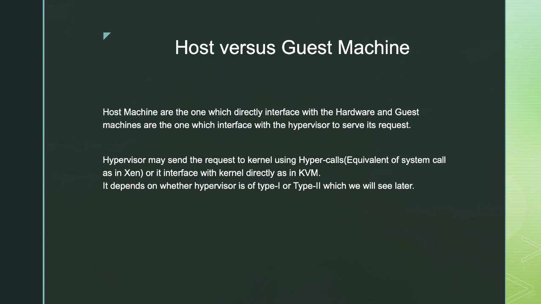Now, what is a host and what is a guest machine? The physical machine on which the operating system is installed is the host, and the guest is an extra machine or operating system which you have installed on top of that. Now let's assume this is my MacBook. On my MacBook I have installed VMware Fusion, which is the equivalent of VMware Workstation on Windows. For Mac it's a separate software called VMware Fusion.